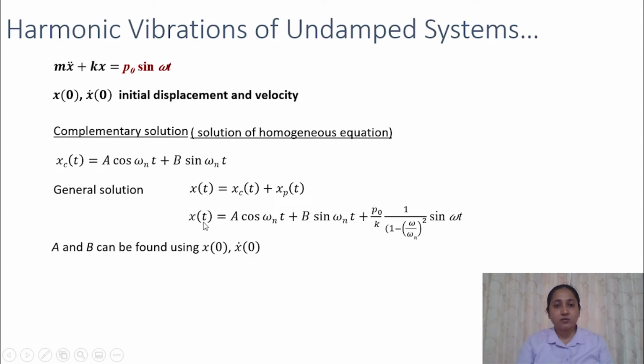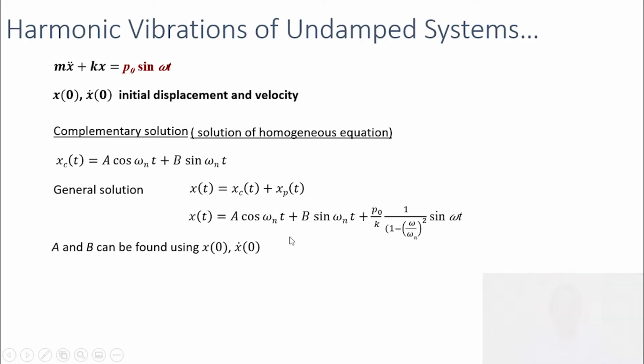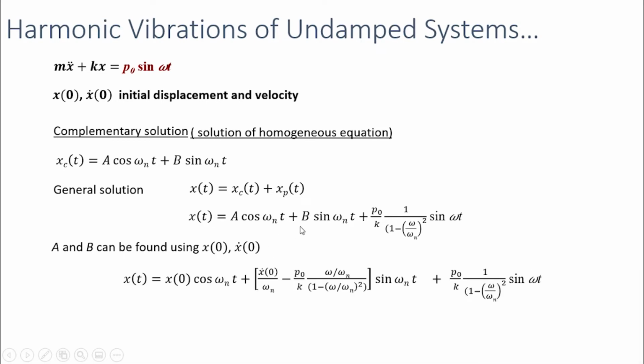So we can substitute the value of initial displacement in this equation, and we can differentiate this equation and substitute the value of initial velocity and solve those two equations and calculate A and B. So we will get the value of A as x0 itself, that is the initial displacement. Value of B would be equal to this.